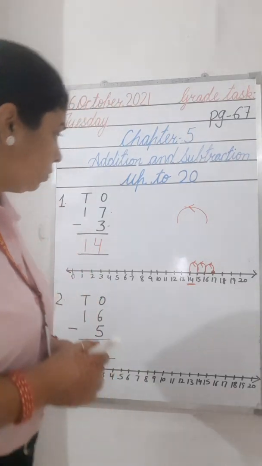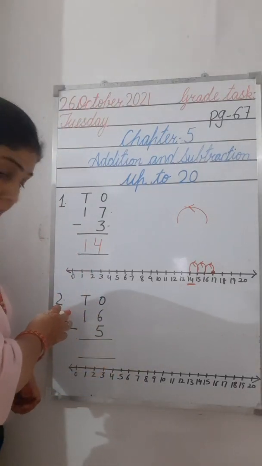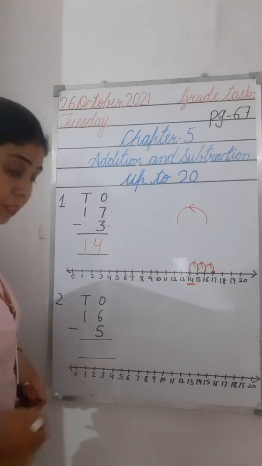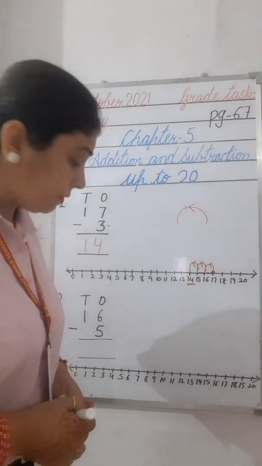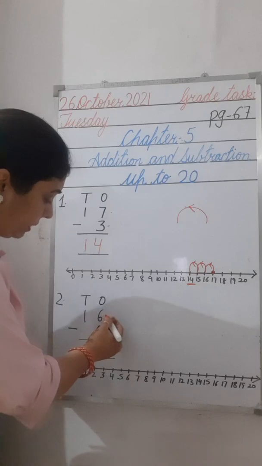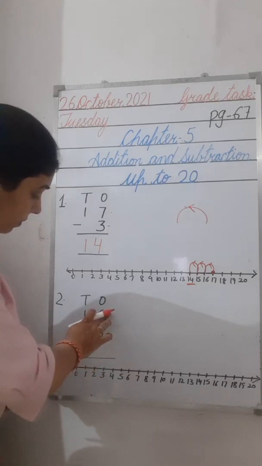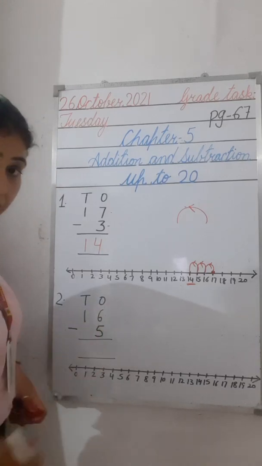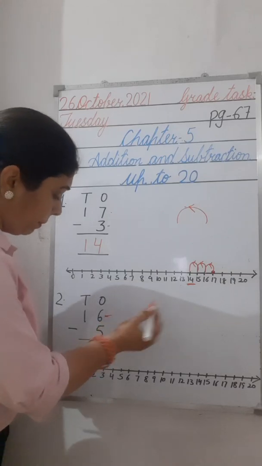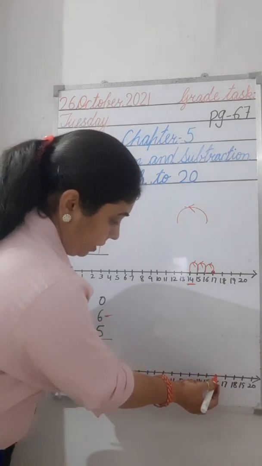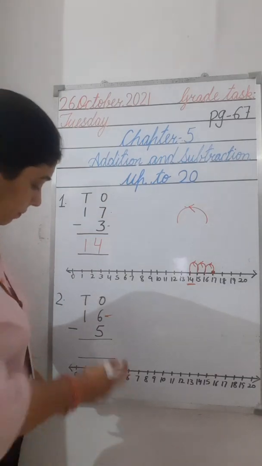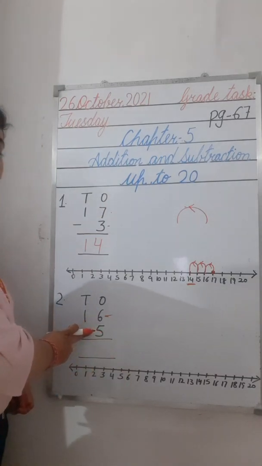Okay, so now come on the second sum. 16 minus 5. Here we have to subtract 5 out of 16. So directly we will come on number 16. And how many steps we have to take back? See this number? 5.